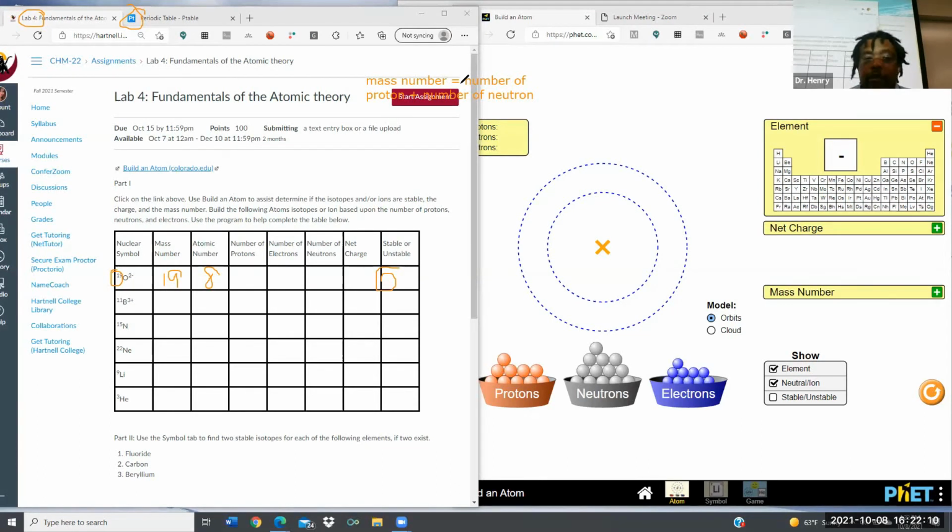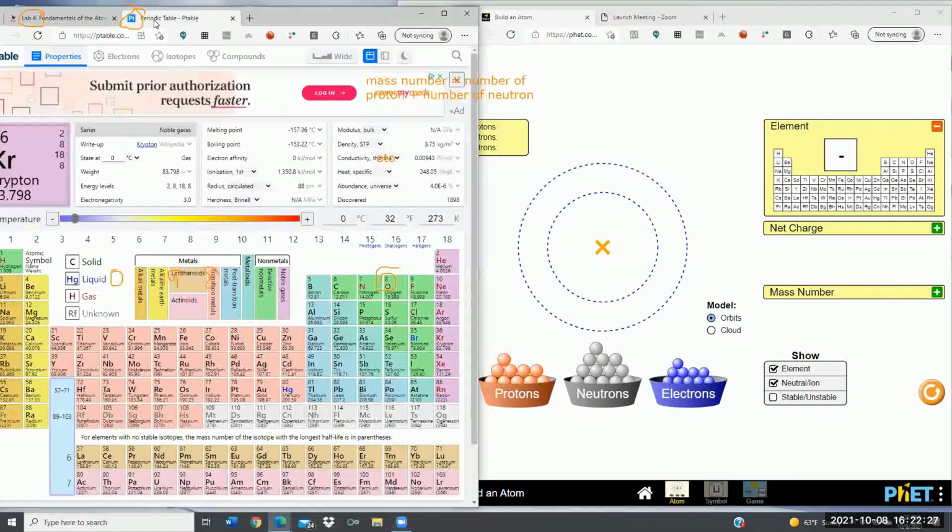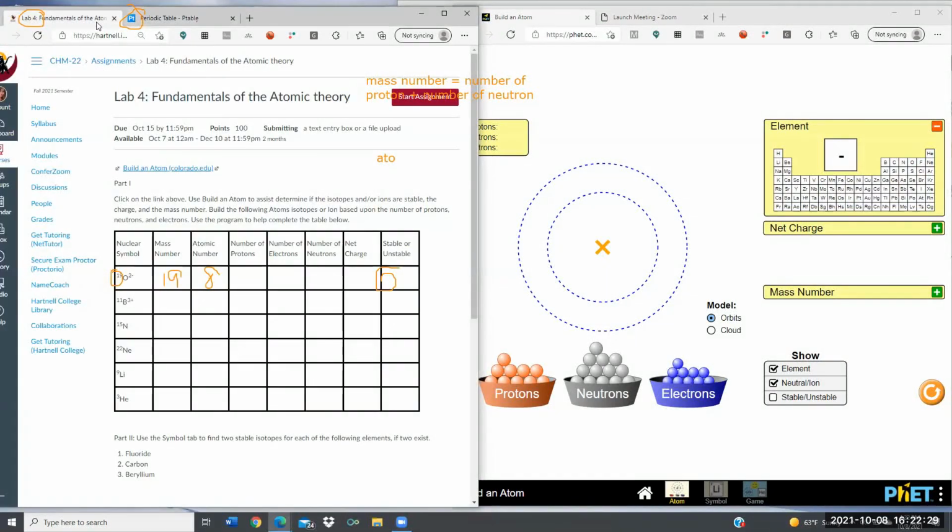So how many protons does oxygen have? Is it the 8 or is it the 19? It's the 8 because the atomic number equals the number of protons. You get that? Yes.